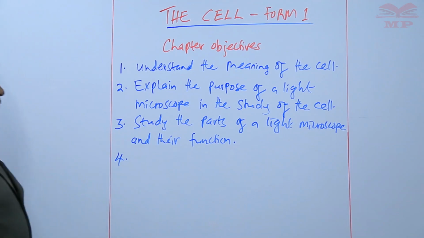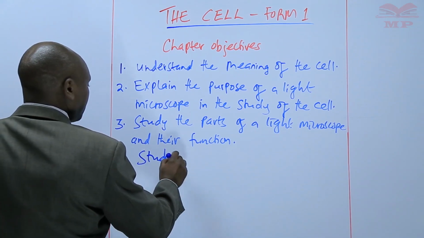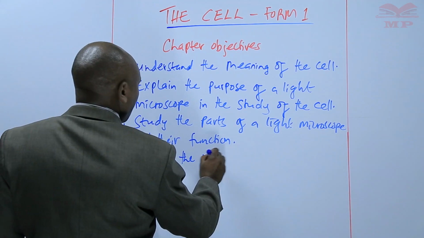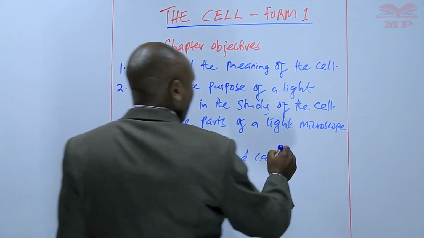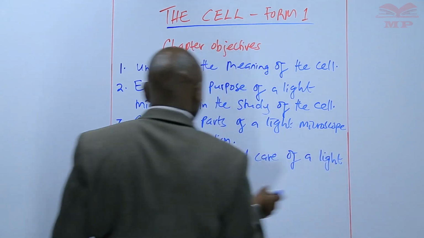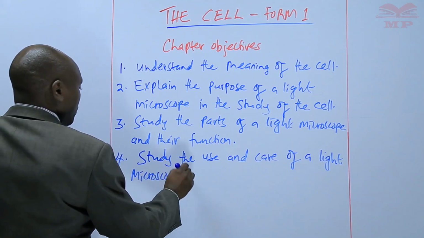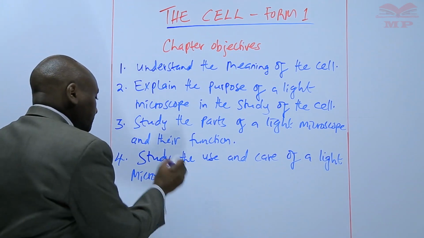Objective number 4, still on the microscope, we'll also study how to use the microscope, the use and care of a light microscope. How are we supposed to take care, and also how to use the microscope.